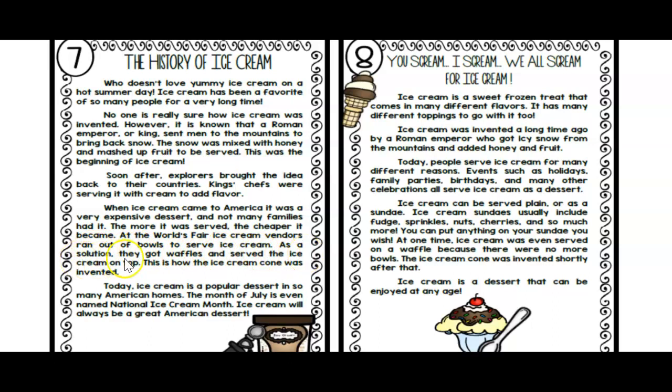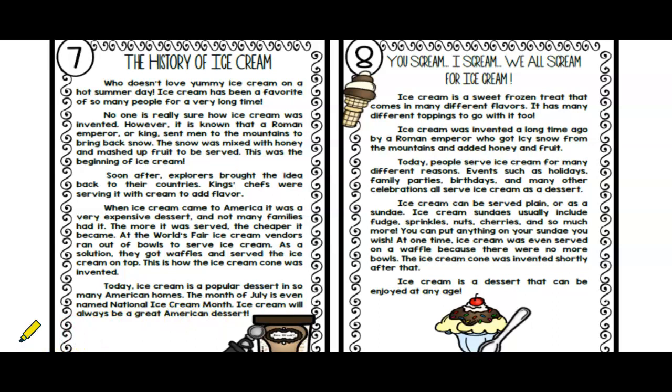As a solution, they got waffles and served the ice cream on top. This is how the ice cream cone was invented. Today, ice cream is a popular dessert in so many American homes. The month of July is even named National Ice Cream Month. Ice cream will always be a great American dessert.